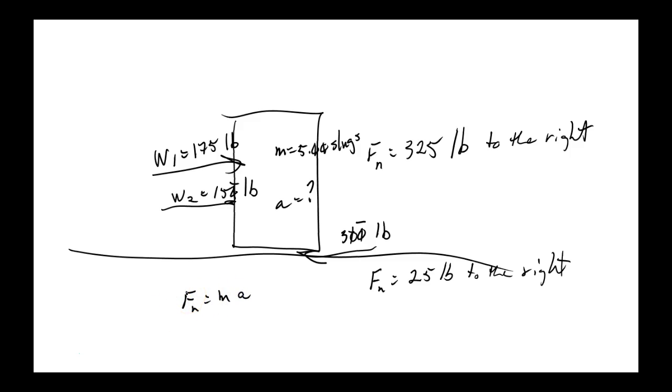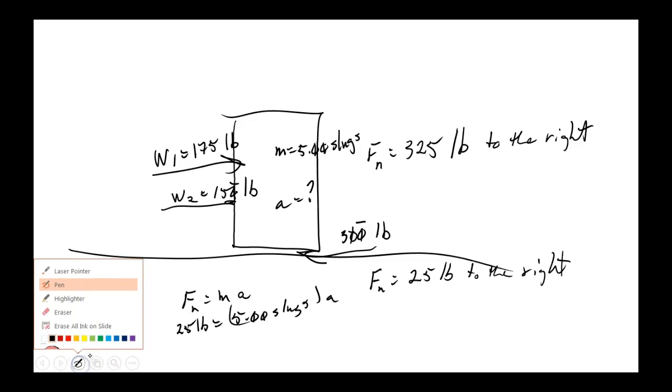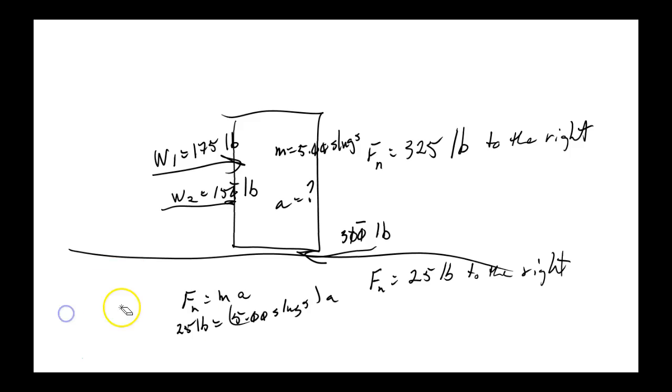And what was our net force with the friction involved? 25 pounds is equal to 5.00 slugs times acceleration. Now, I wish I had thought ahead, okay? Because if I had thought ahead, I would have not written that as pounds, even though that's what it was.